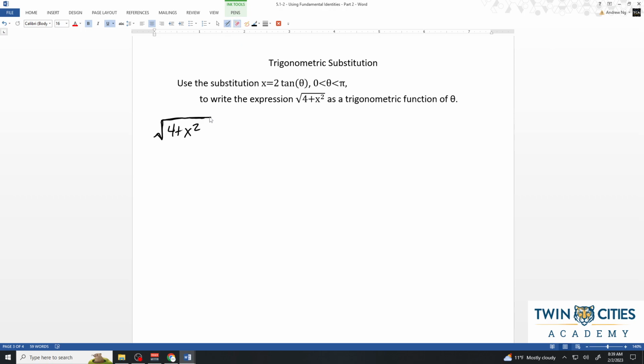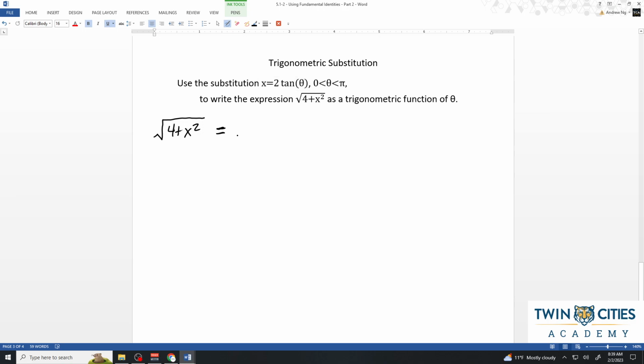All right, what is this having me do? I want to use the substitution x equals 2 times tangent of theta. So what this is saying is I'm starting with the square root of 4 plus x squared, and instead of x here, I'm going to replace x with 2 times tangent of theta.